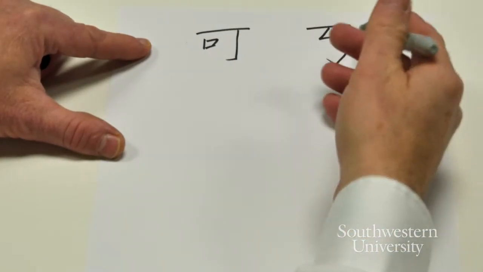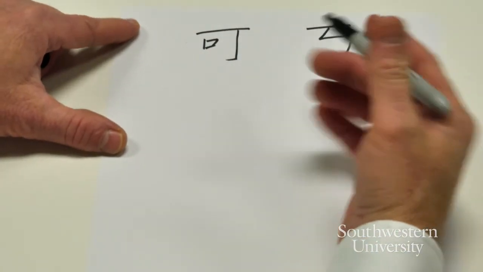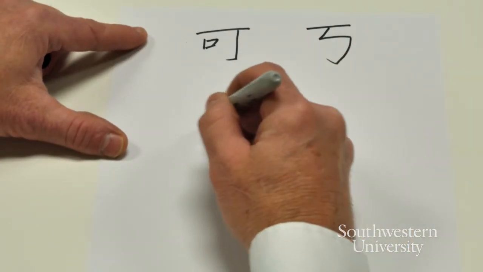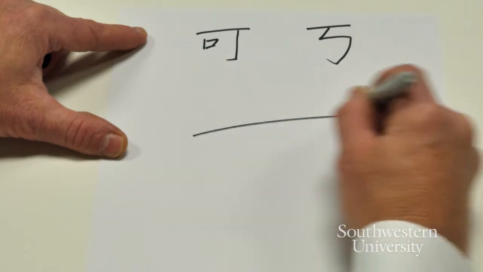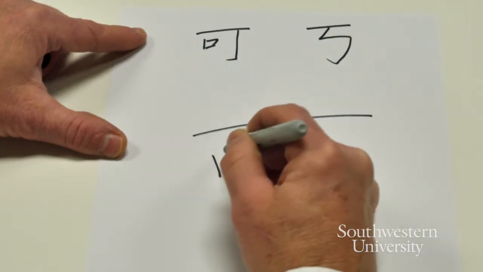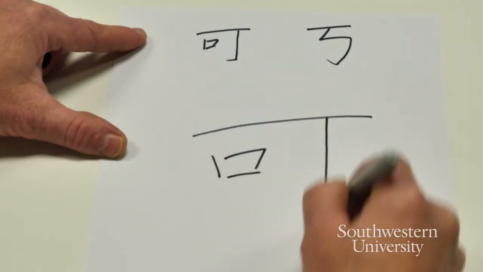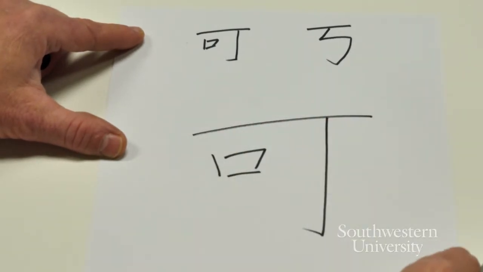It's just phonetic here, but the idea of approval is also relevant. When you write the character out, you start with the hung, shu, hung, ja, hung, and then this shu. Go, ke.